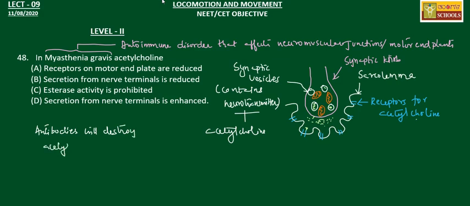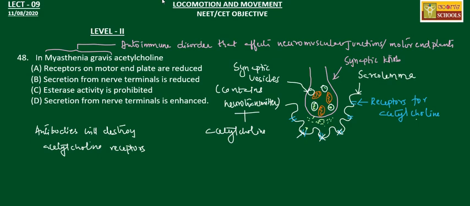If those receptors are destroyed, the number of receptors gets reduced, and because of this the information from the nerve will not be effectively passed to the skeletal muscles.